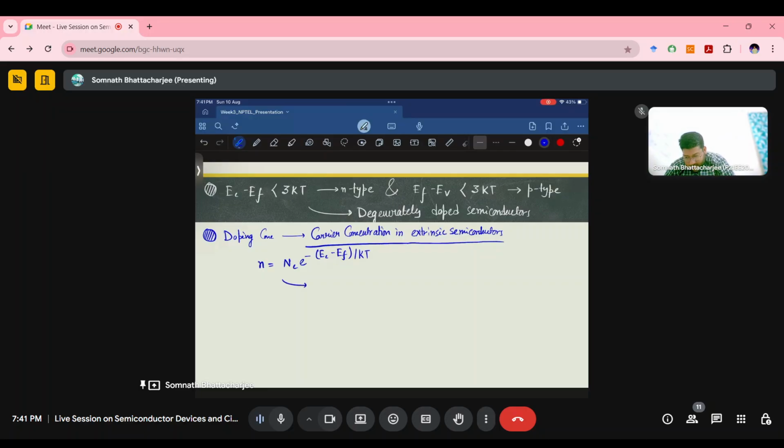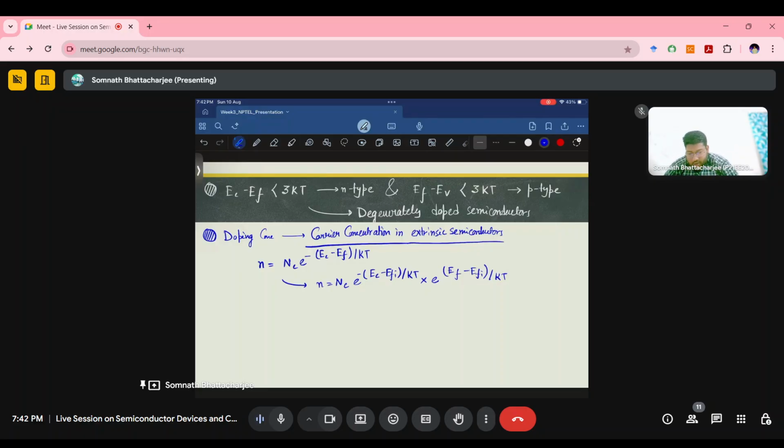Based on this, we can write n equals Nc e to the power of minus (Ec minus EFi), where EFi is the intrinsic level, by kT, multiplied with e to the power of (Ef minus EFi) by kT. So we can write it like this, right?